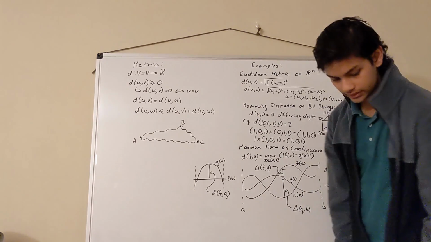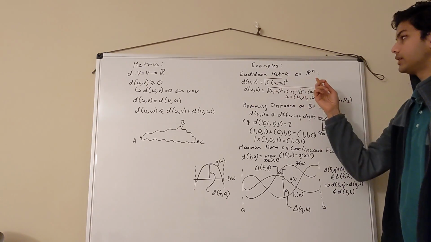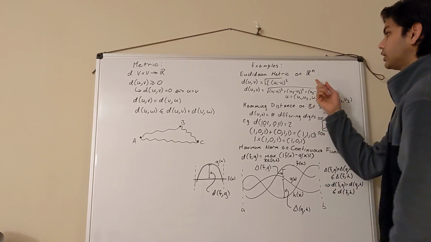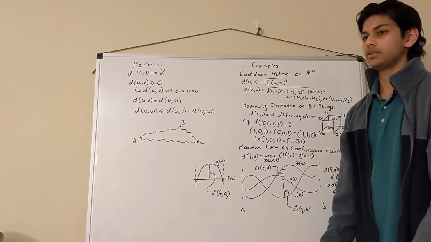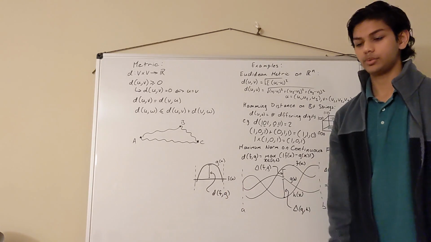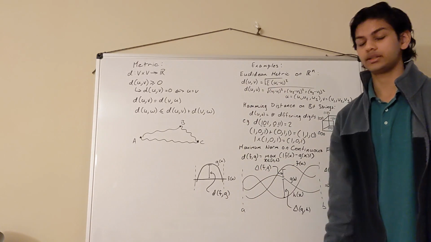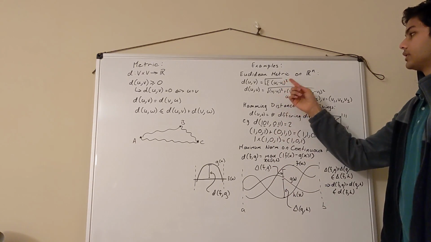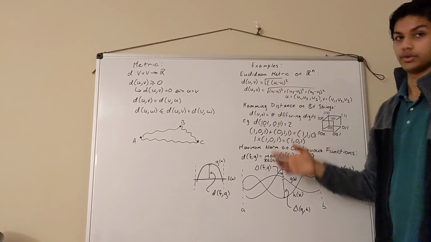And the reason it's called the triangle inequality is because of our first example, which is the Euclidean metric on your Euclidean vector space, which is denoted R^n. Your Euclidean metric is your usual Pythagorean theorem metric, which is that you have some points which you can consider as vectors, and the distance between two points is the sum of the differences of the components squared, and then you take the square root of all that.